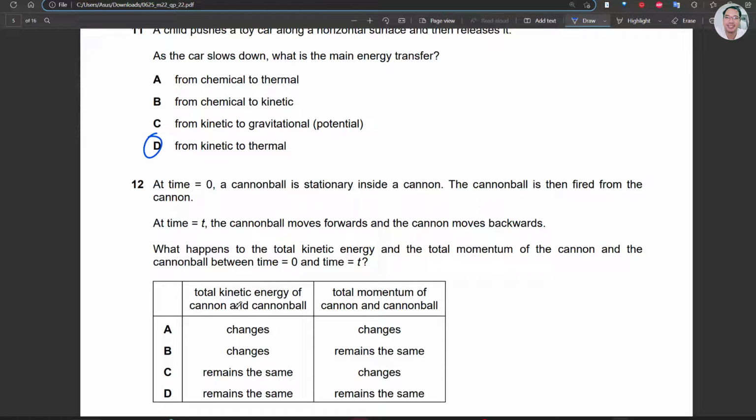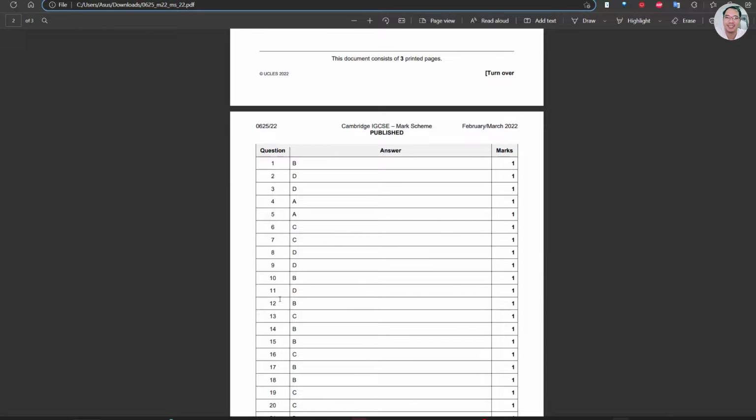Total kinetic energy of the cannon and cannonball after firing definitely changes. Kinetic energy cannot be the same. Momentum the same. So the answer is here. Question 12, B, yeah.